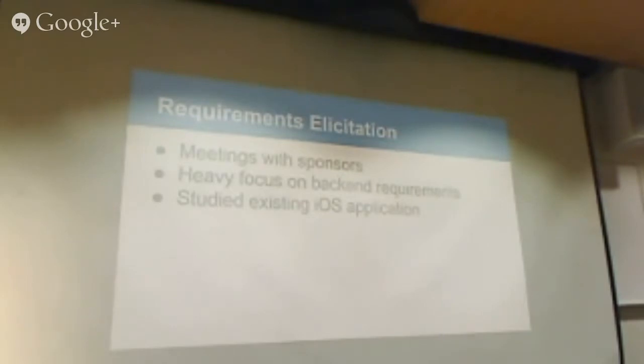Since they already had an application out, we had one medium that we could look to for requirements. So those 4 weeks we would look at the application, see different features that were going on, and then ask them about them and see exactly what they wanted.